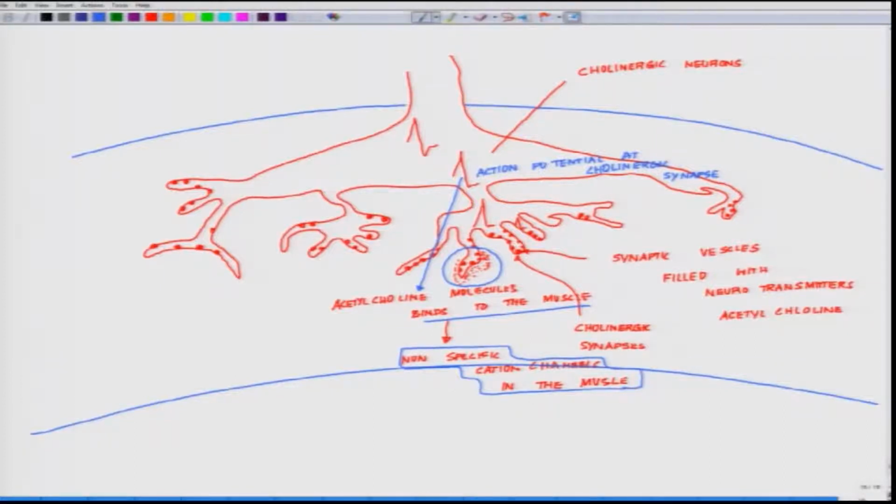Now, at this spot where non-specific cation channels are open in the muscle, there is an influx of sodium ions into the muscle.